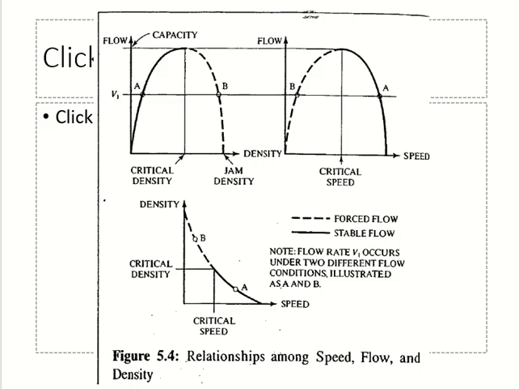One of you already mentioned that when we reach maximum flow, we reach a point on the density which we call critical density. And when we reach capacity, we reach a point on the speed which is called critical speed. Got it? So what are critical speed and critical density? When do I achieve critical density and critical speed? At what point?